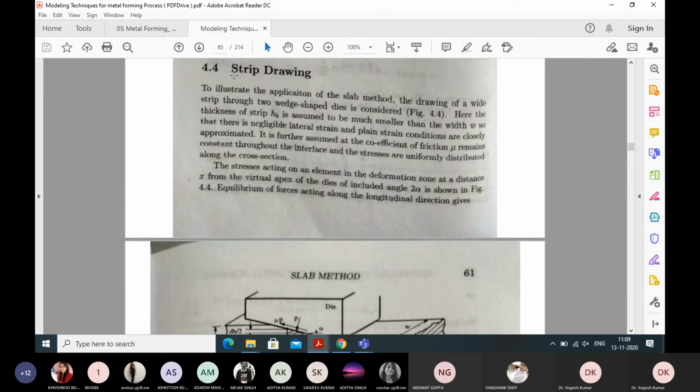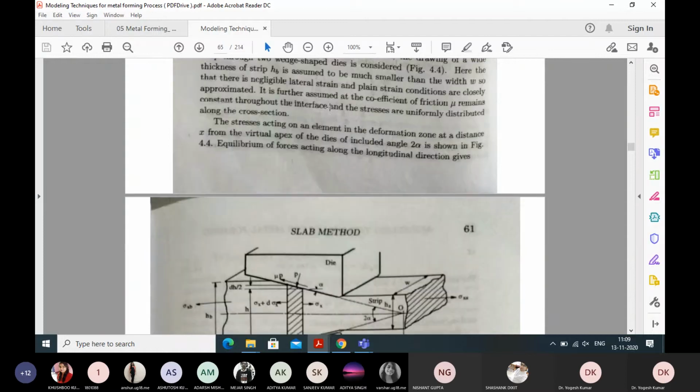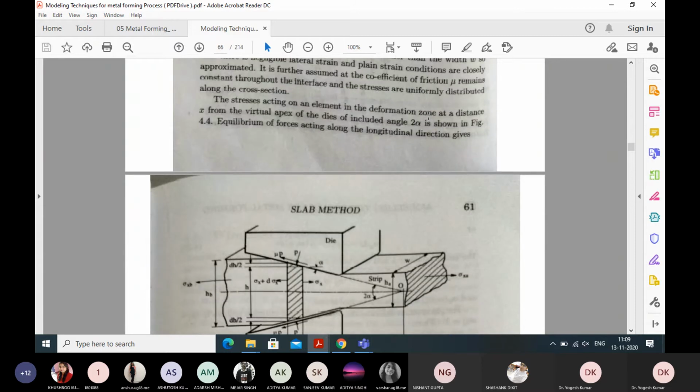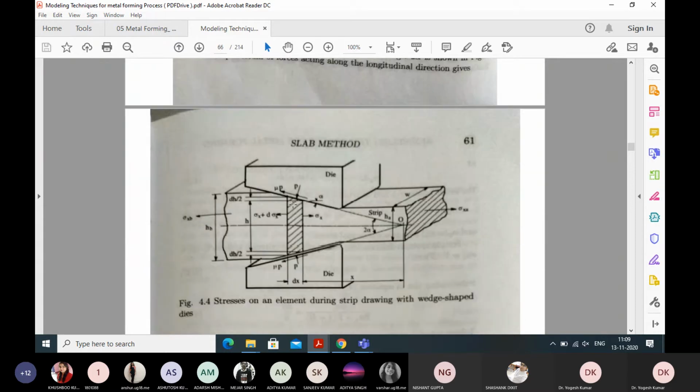Okay, so I will come to the next topic, which is strip drawing. Okay, so how we can apply this slab method in your strip drawing. Under drawing you already know the material is drawn from a die.